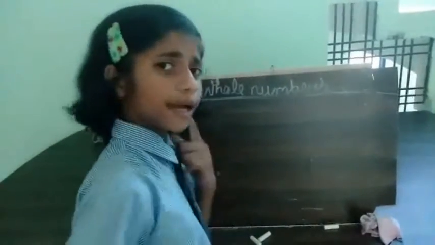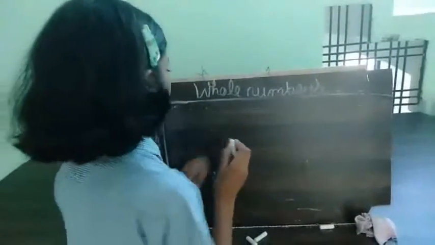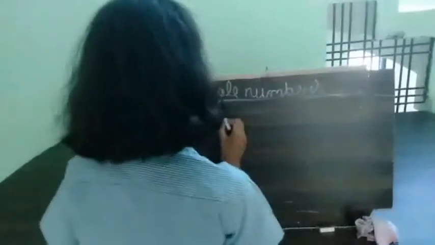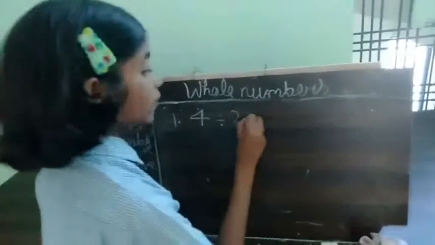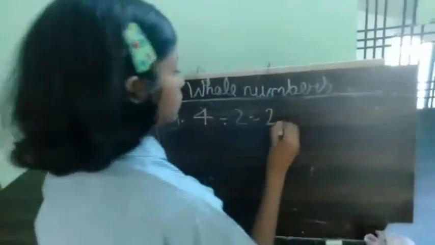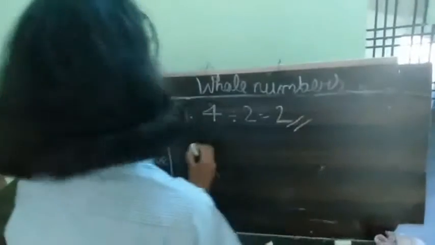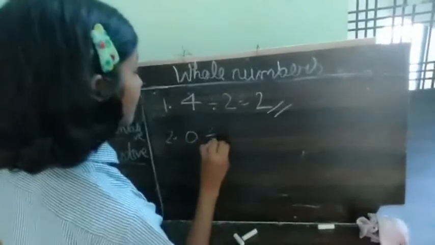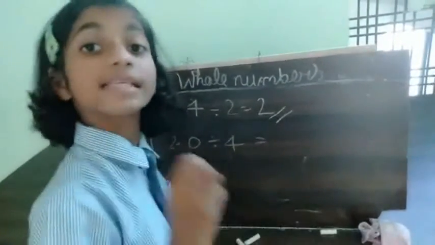Properties of division. First property, closure property. If A and B are two whole numbers, then it can be done with three examples. First, 4 divided by 2 equals 2. This is a whole number. Second, 0 divided by 4 equals 0.